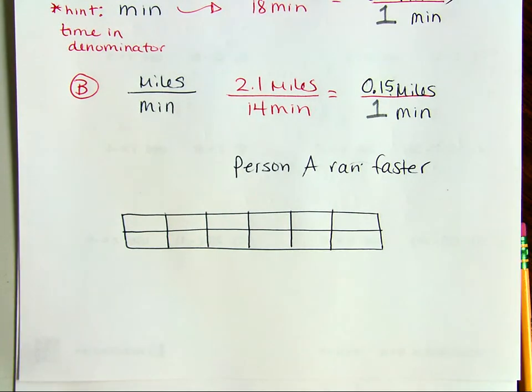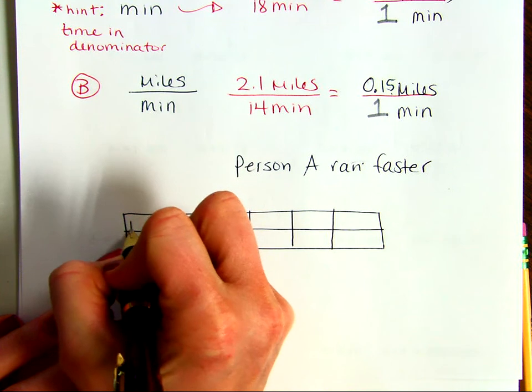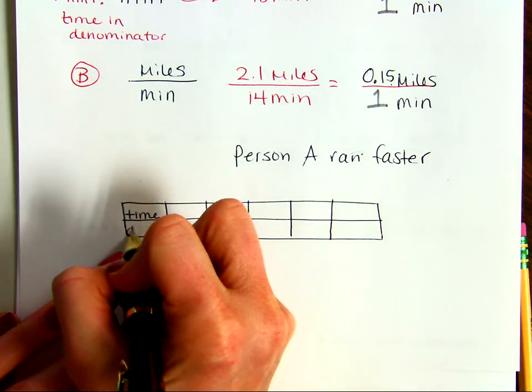So we know how to find a unit rate. We know how to find two unit rates and compare them. Let's say that this is time and this is distance. Okay?